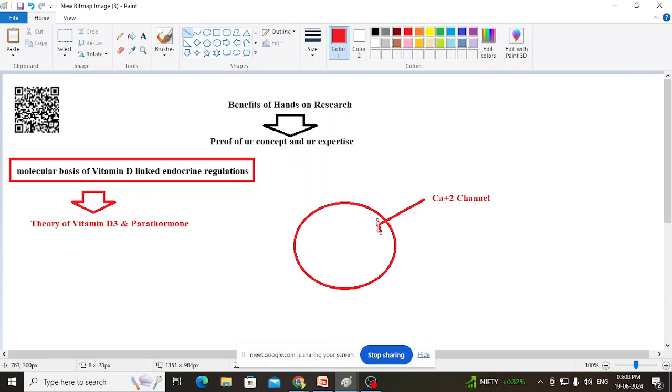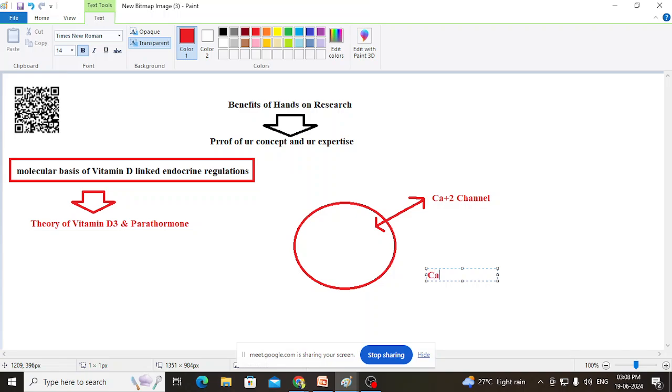Okay, now calcium, who can tell me what is the cellular function of calcium? That means inside the body, what are the major functions of calcium? Can anybody tell me? So I'll give you some examples of why calcium is needed. Calcium is needed because it is factor 4 of the blood coagulation pathway. Okay, this is one thing.